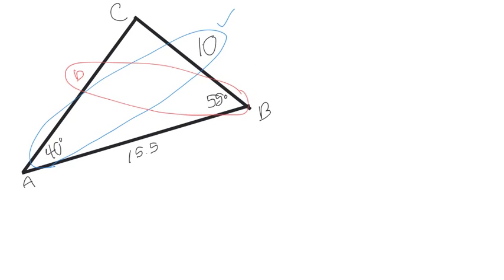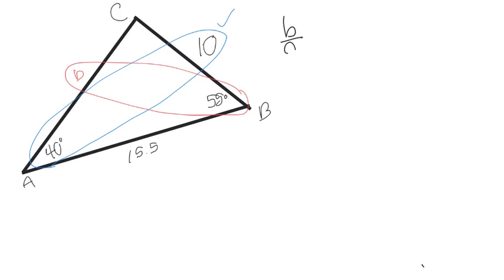The first thing I'm going to note is that since angle B is the larger of the two angles, it's 55 degrees, A is only 40, since this one is the larger angle, side length B is also larger. So I'm going to write down my ratio. Again, I prefer to write the larger number in the numerator.